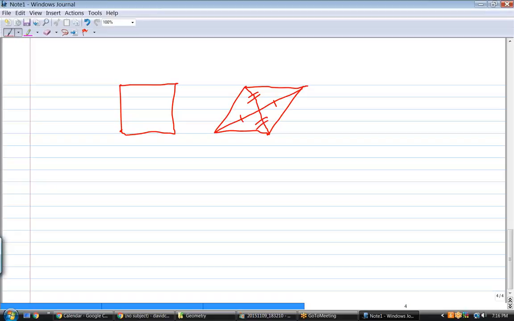And one other thing, not only do the diagonals bisect one another, but what else are they? They're perpendicular. That's the two things to remember about a rhombus. Because they form two right angles then, right? Like at the center there. In other words, as long as one of those four angles is a right angle, you have two perpendicular lines. All four of them are right angles.